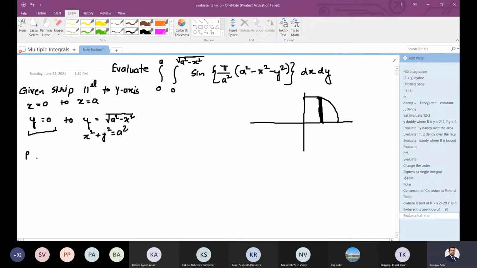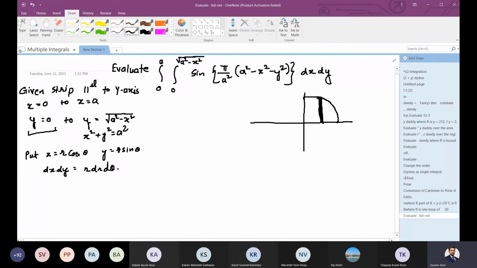We put x equal to r cos theta, y equal to r sin theta. When we put this, don't forget, a common mistake, dx dy has to be replaced by r dr d theta.